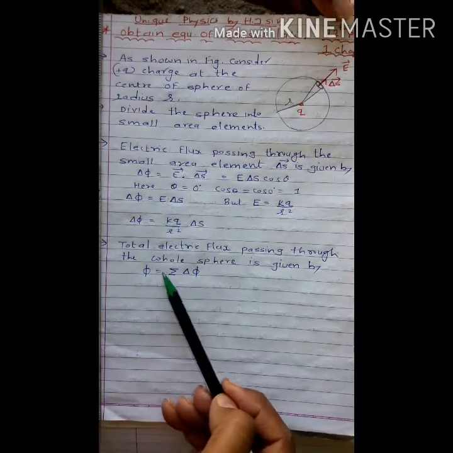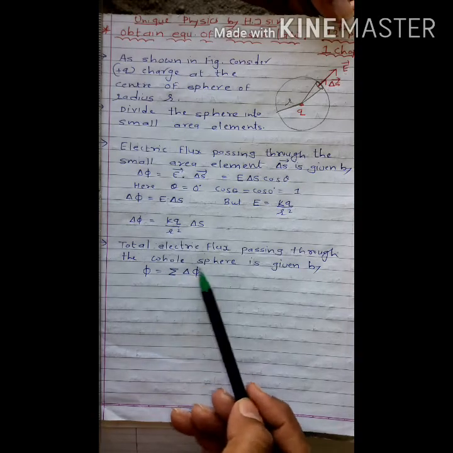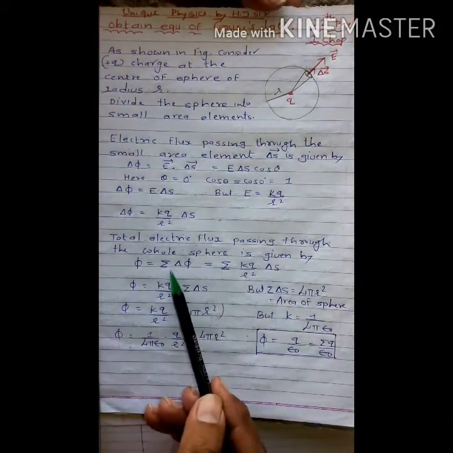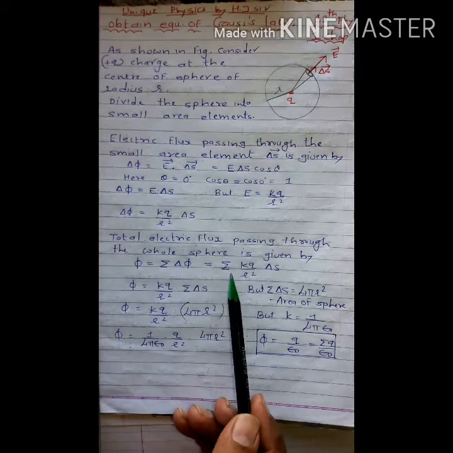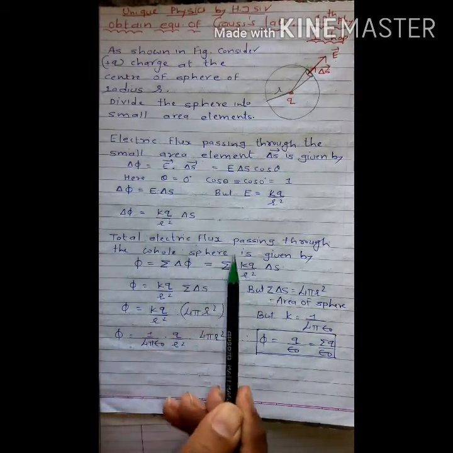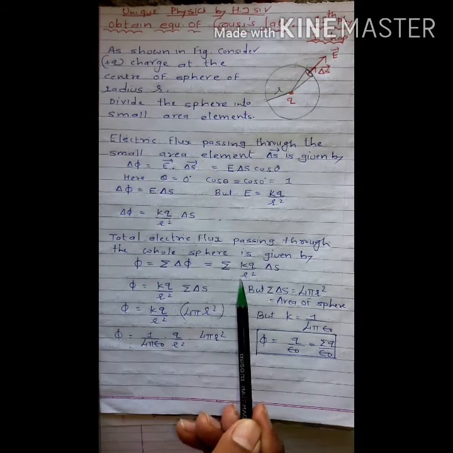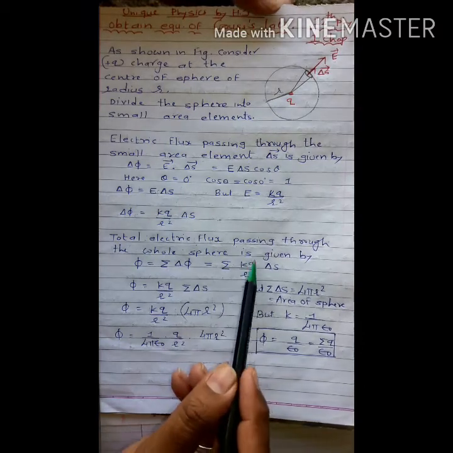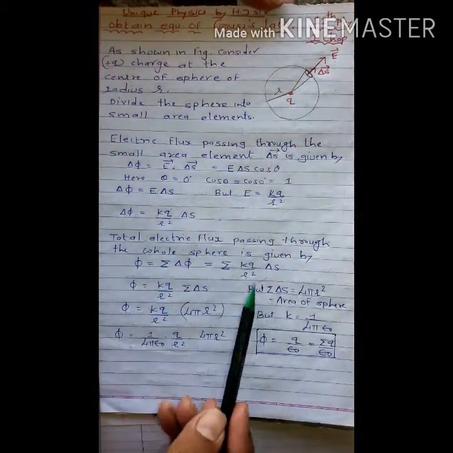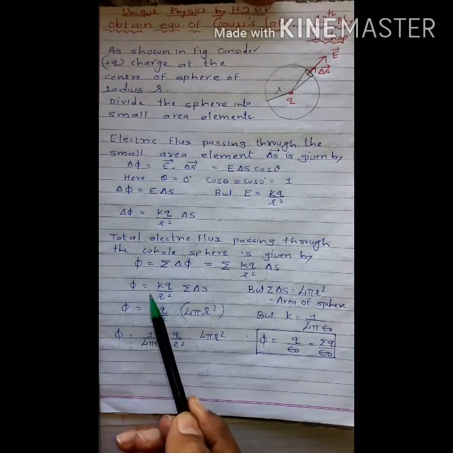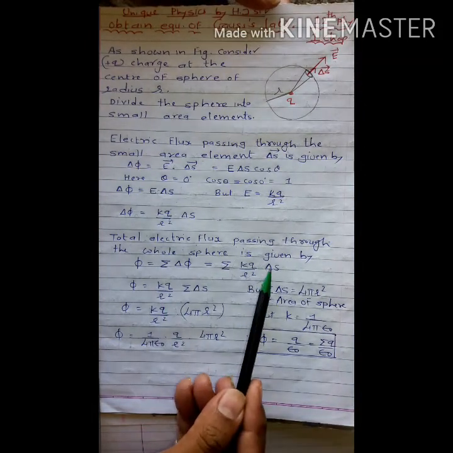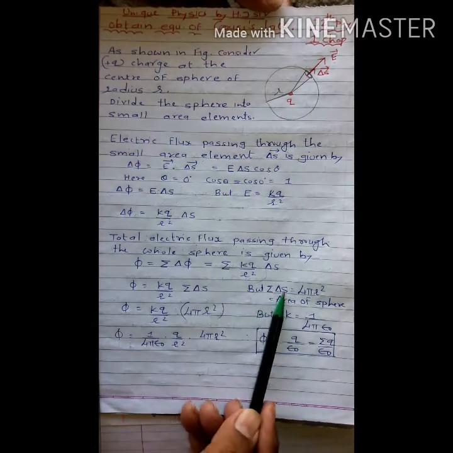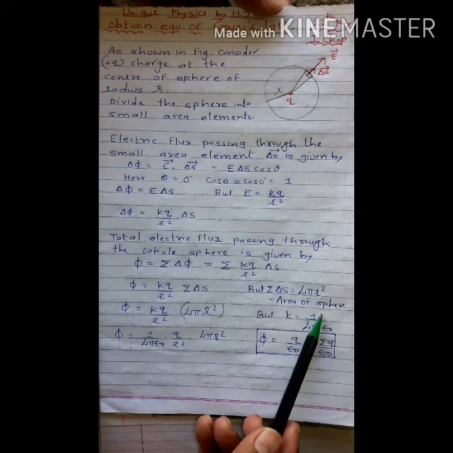Phi is equal to sigma of kq upon r square into delta S. Here kq upon r square, the electric field produced by this small q charge, is constant. So phi is equal to kq upon r square into sigma delta S.